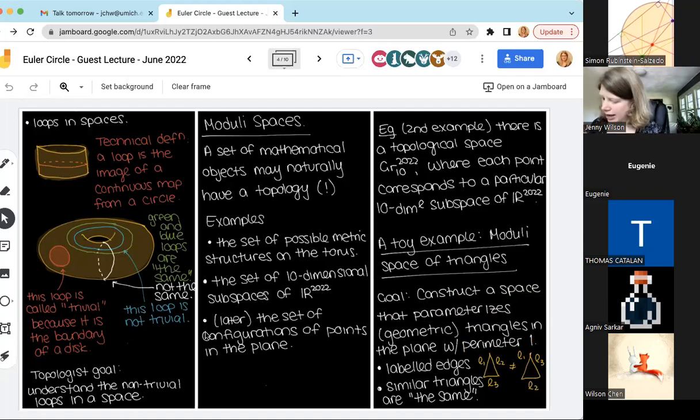And really concretely, I want to pin down what I mean by these objects. So first of all, I'm going to label the edges of the triangle. So whenever I draw a triangle, it has edges L1, L2, and L3. And this would not be considered the same as a similar triangle, but with different labels on the 3 edges.